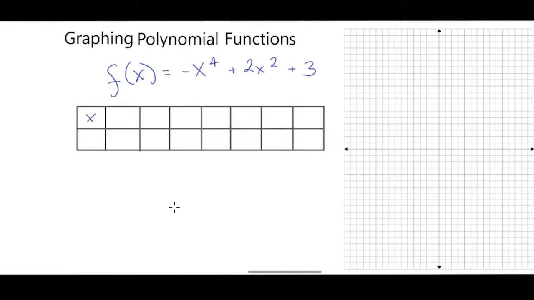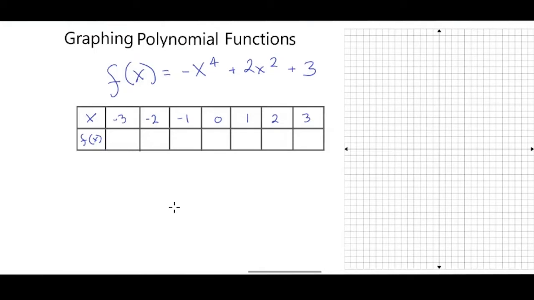So here will be the x's, and these will be the f of x's. So I'm going to pick some values to plug in here, and I'm going to pick -3, -2, -1, 0, 1, 2, and 3. And I'll plug these into this function to see what I get.